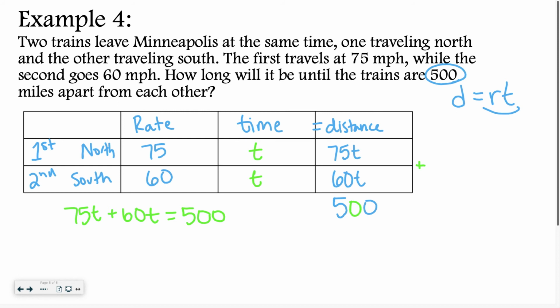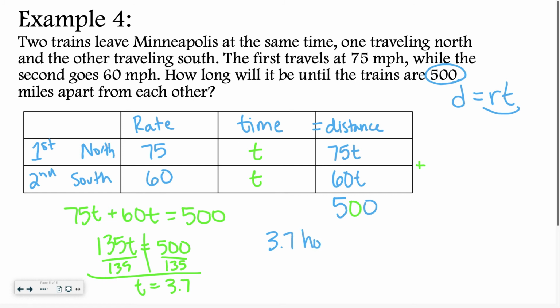So then I have 75t plus 60t, which is 135t, equals 500. Then if I divide both sides by 135, I get t equals 3.7. So after about 3.7 hours, the trains will be 500 miles apart.